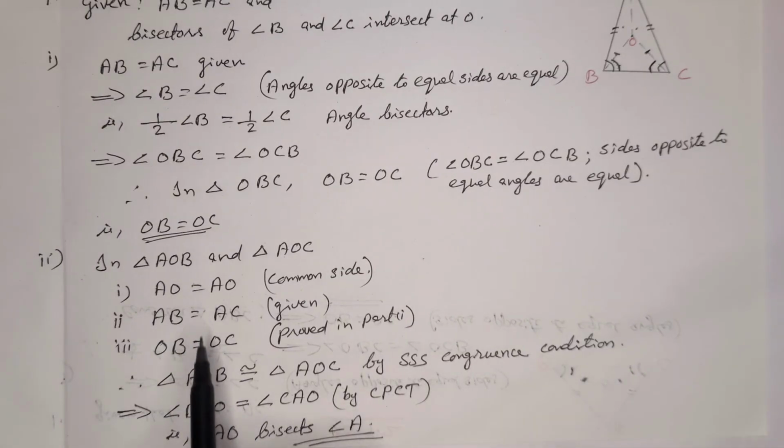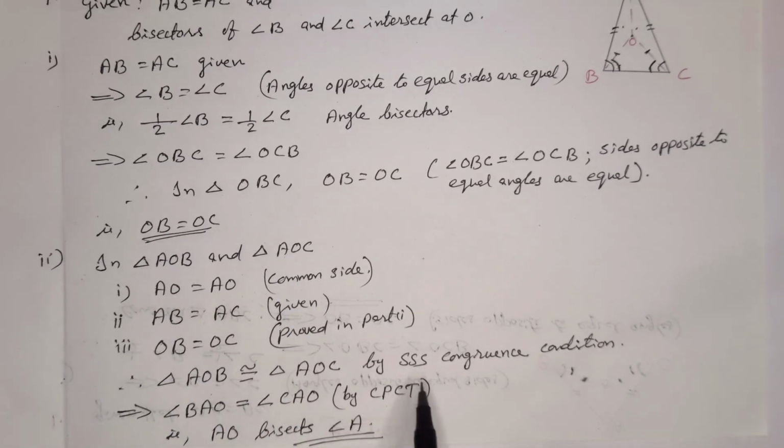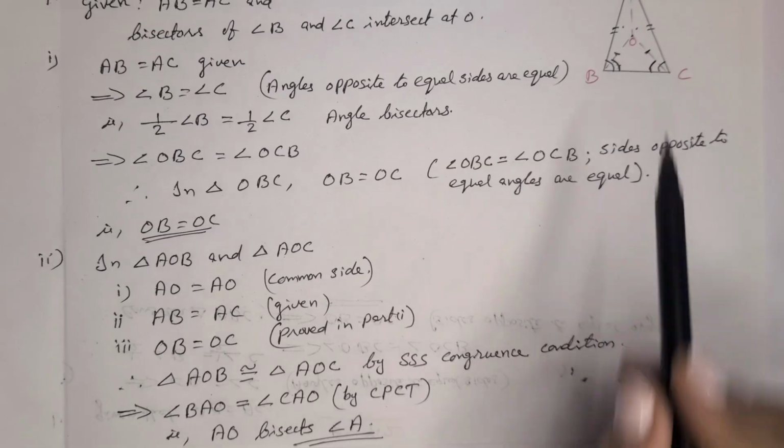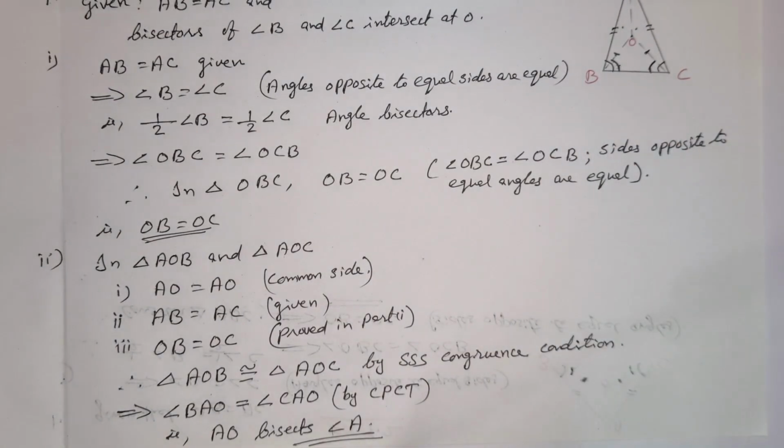By using these 3 conditions, we can write triangle AOB and triangle AOC are congruent by SSS congruency. These two sides are equal, these two are equal, this is the common side.